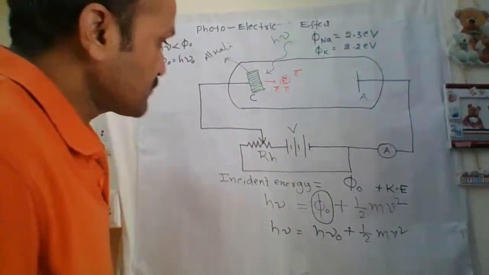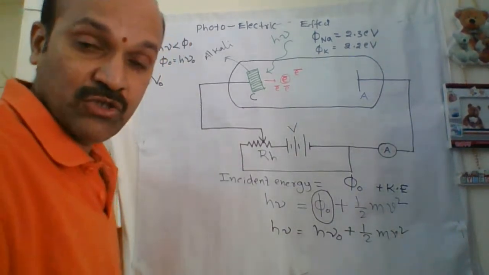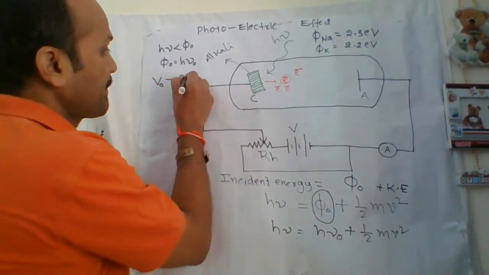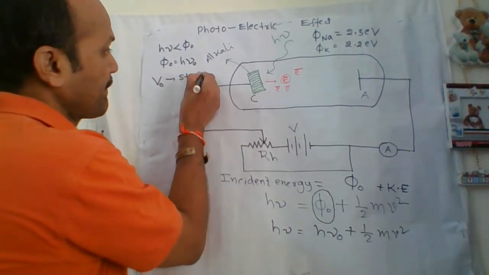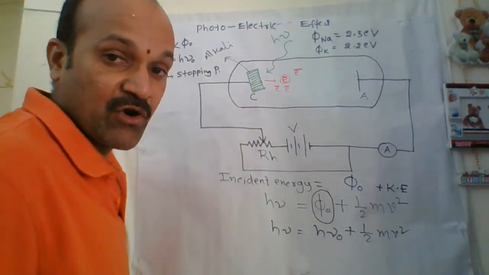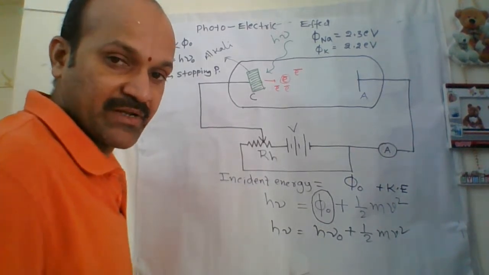Say V naught is the stopping potential, or negative potential. Clear?